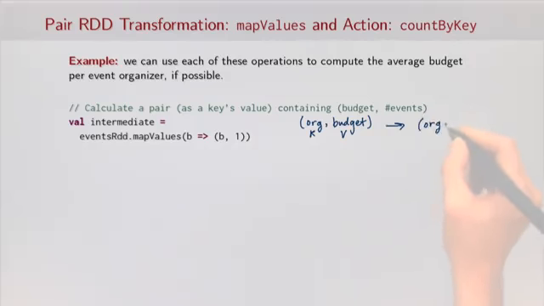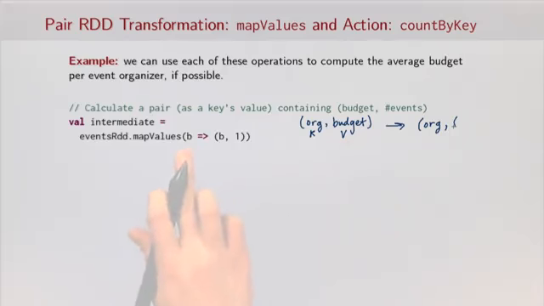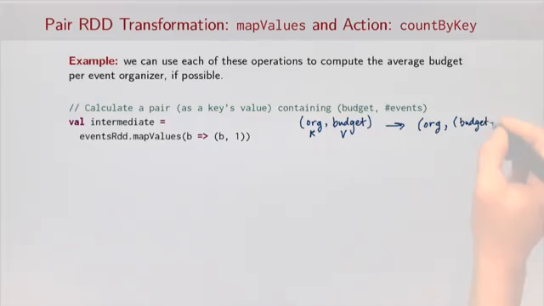Since we're using mapValues, the key stays the same, nothing happens to it, and the value changes. So basically what we're doing here, this B is the budgets. So we keep the budget, and we add a 1 as well. So we do budget and an integer 1. And this is now the result of the mapValues call.